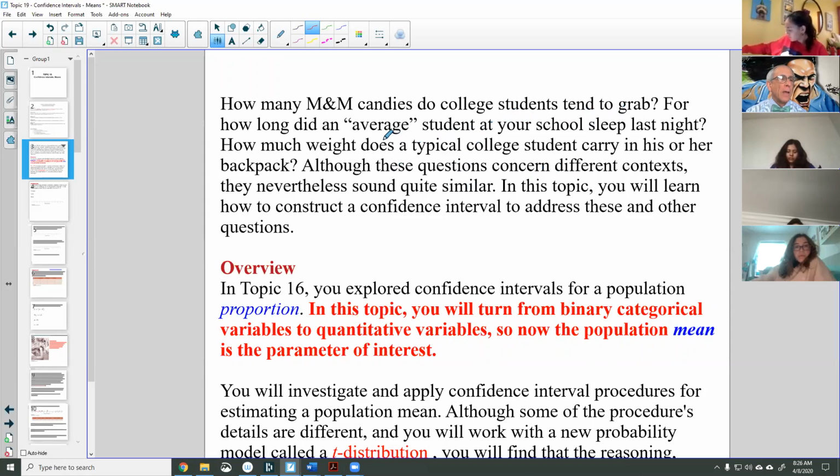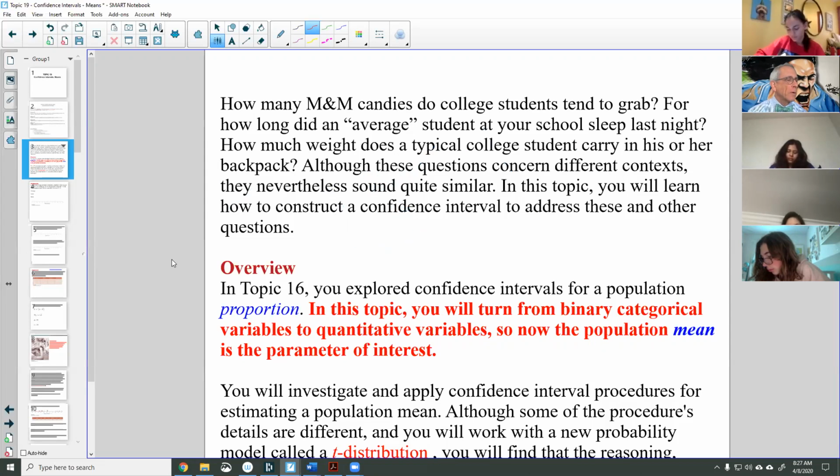How many hours did the average student at your school sleep last night? That's an interesting question. Answer that with statistics. How much weight does a typical college student carry in his or her backpack? And that would be interesting to compare from this year to 10 or 15 years ago, with the advent of ebooks.